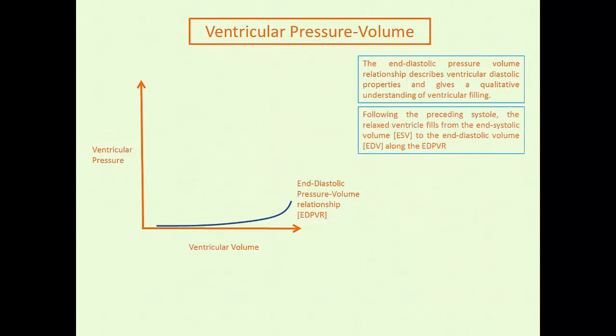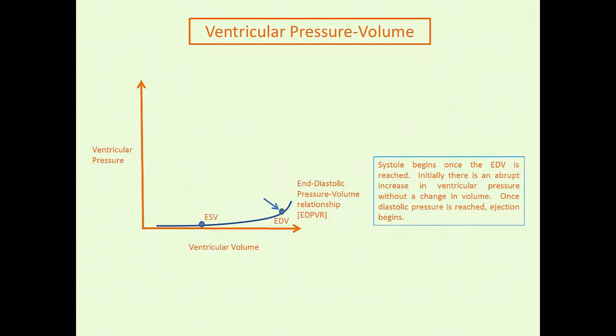What happens is, following the preceding systole at your end systolic volume, the relaxed ventricle fills from the end systolic volume to the new end diastolic volume. This gives you your end diastolic volume and end diastolic pressure. Systole then begins once the end diastolic volume is reached.